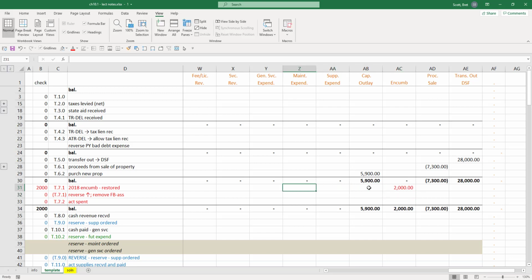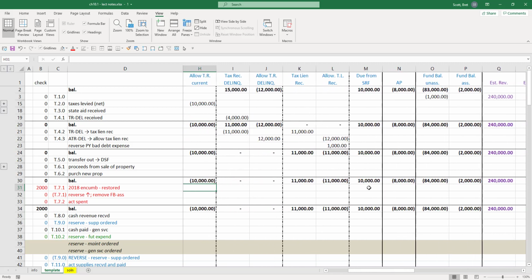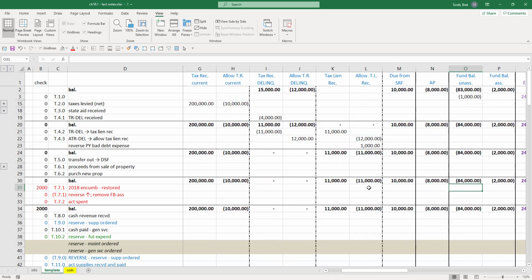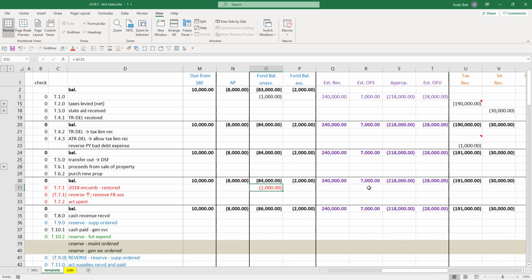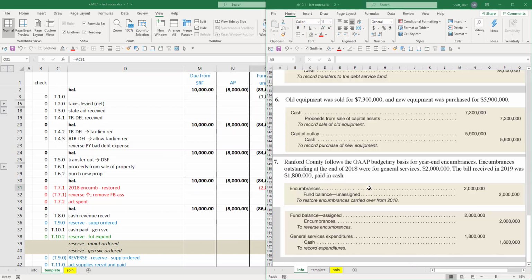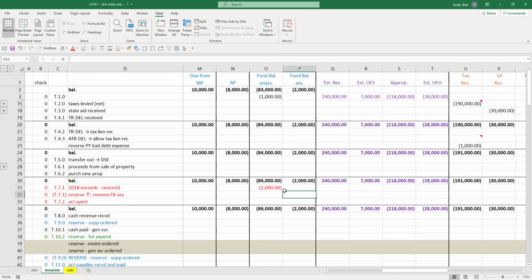There's the $2 million debit, and we're going to go all the way over to the unassigned column and put in the credit there. What do we do next? Well, now it essentially looks like we're going to reverse out what was the previous balance at the beginning of the year. So let's debit away the assigned fund balance, $2 million. So go to this column, the fund balance assigned, and just get rid of that $2 million with a debit there. We're reversing out what we had before.